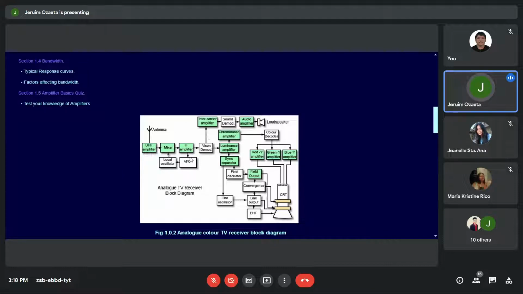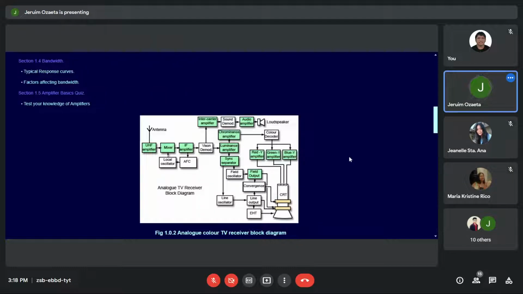And it will be in the intermediate frequency that the vision can be demodulated. When it's demodulated, the carrier is taken in and maybe reproduced, maybe amplified, and then sent into the sound demodulation. Now, the process of demodulation is to decode the picture at the same time the audio.